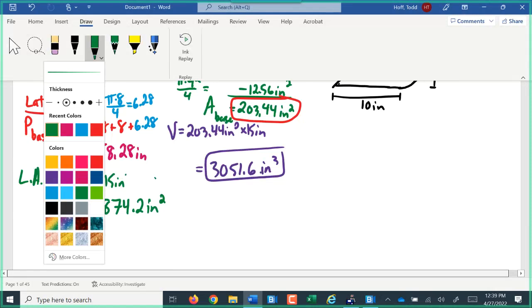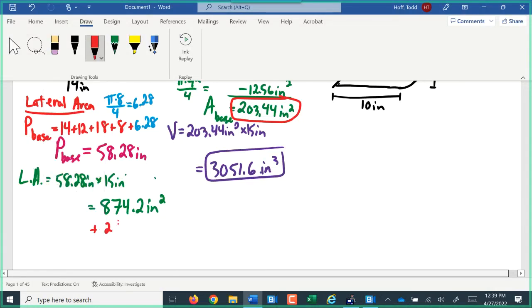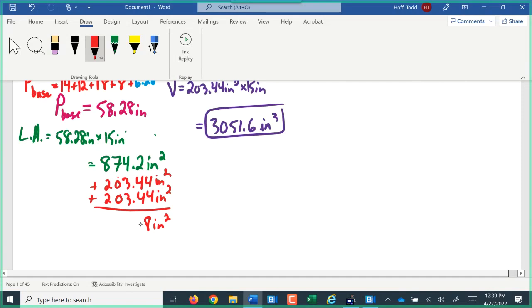And of course, what do we have to add to that to get the full surface area? 2 bases. The two bases, the 203.44 and another 203.44. You have to add, I'm not subtracting. Which gives us 1,281.08 square inches for surface area.